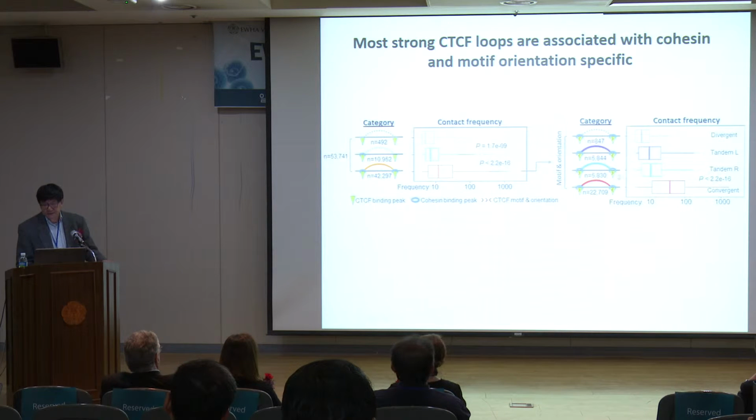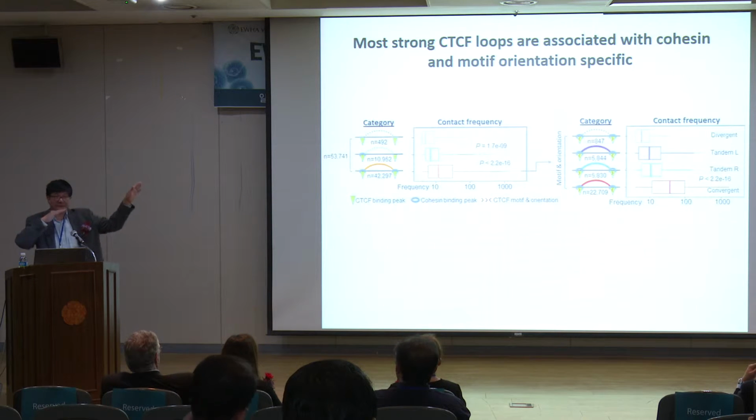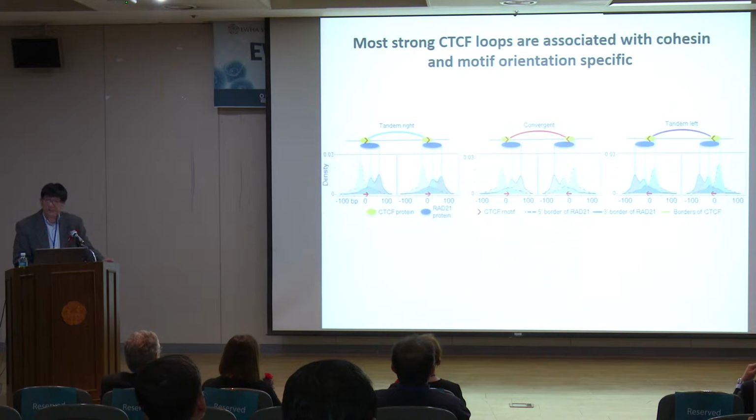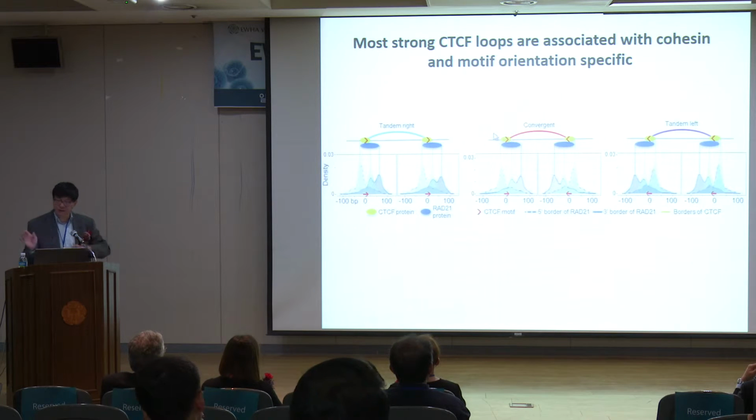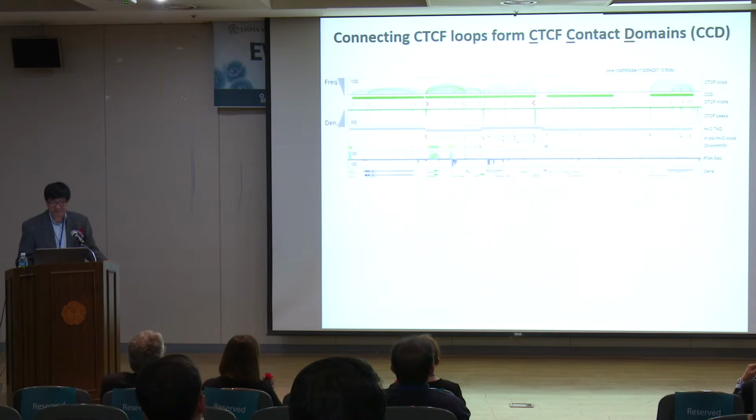We also identified that the binding motifs could be organized in tandem, either facing left or right. We further found that cohesin, which is another chromatin organization protein, is highly associated with CTCF, and together they also showed orientation specificity.